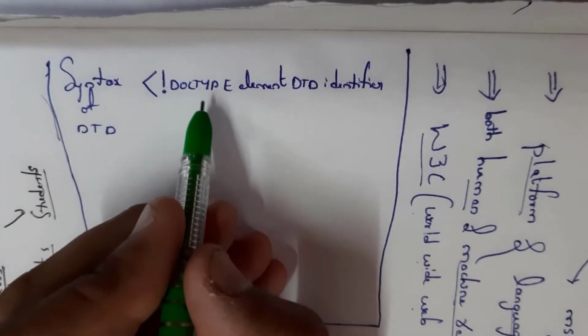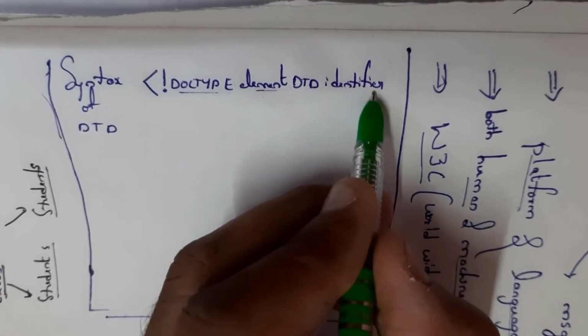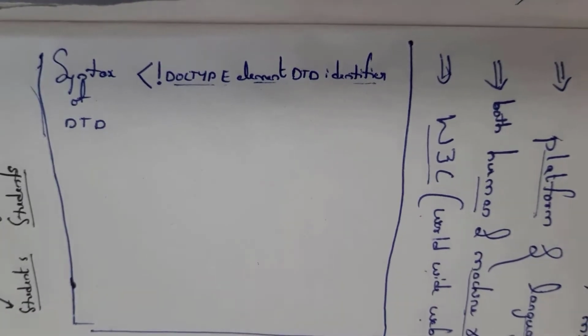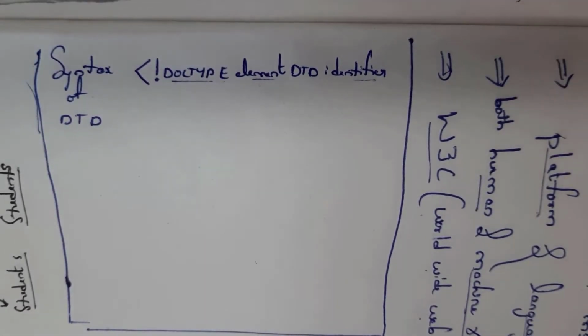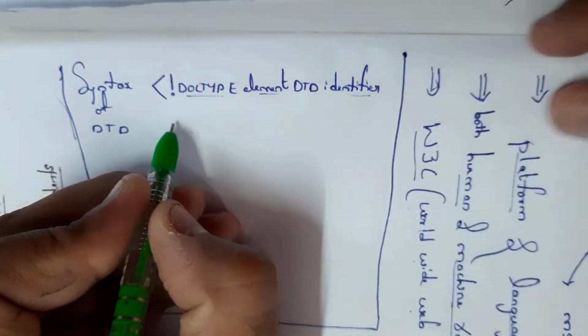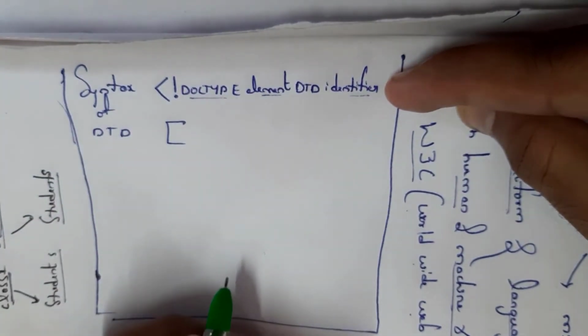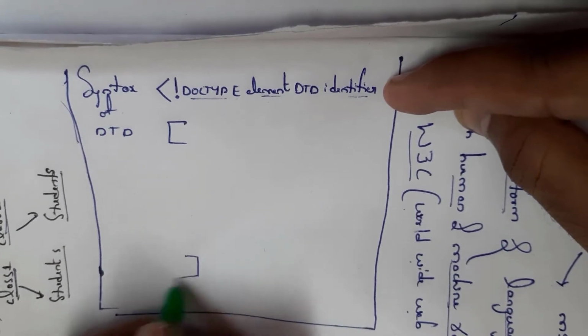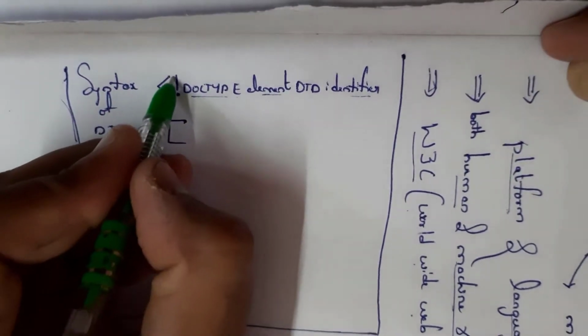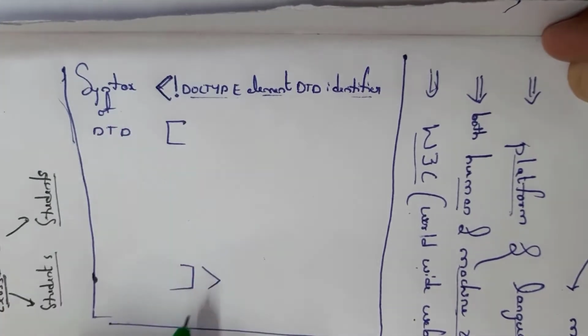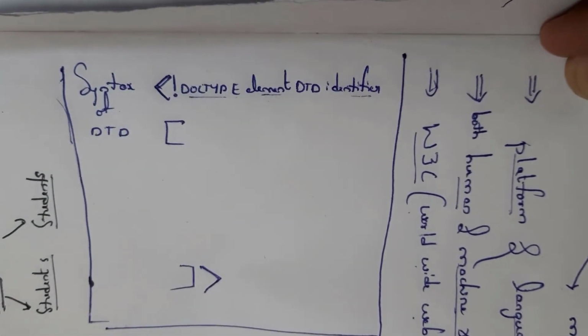See, it contains document type, element and DTD identifier. Here I opened bracket, here I am closing bracket.